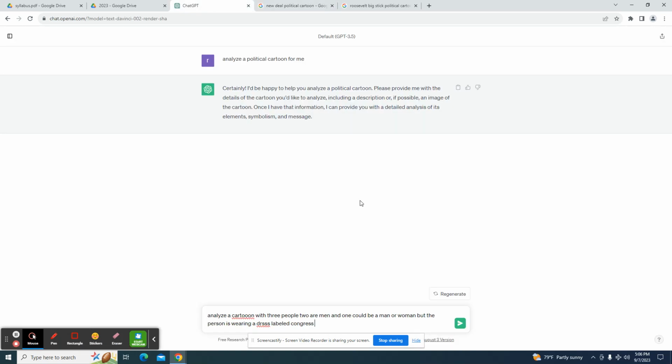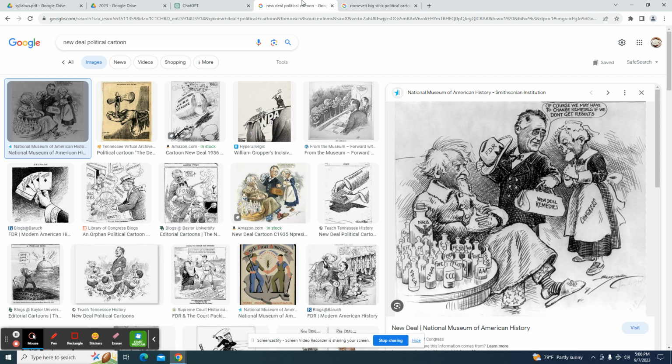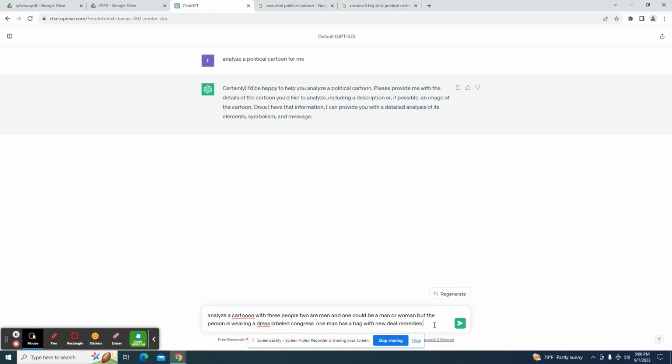One man has a bag with New Deal remedies. What it says there, New Deal remedies. And then we'll put, a sickly man is sitting down near bottles labeled, was it TVA, AAA, WPA, and so on.